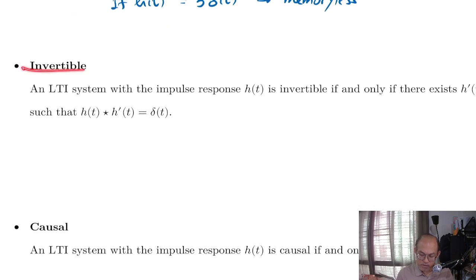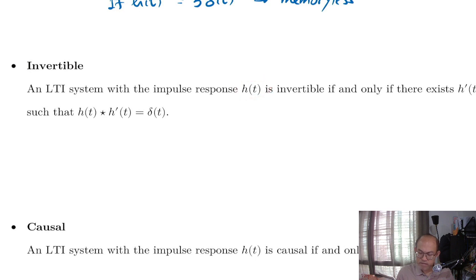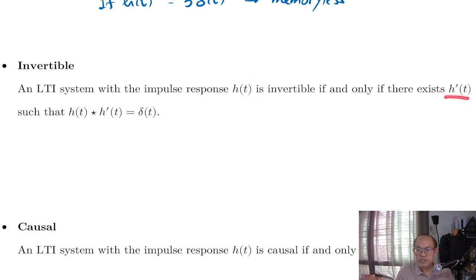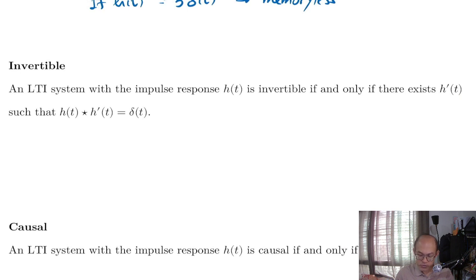Now invertible system. An LTI system with impulse response h of t is invertible if and only if you can find another function such that if we do convolution between h and that function, you get delta back. Now to find that function is not easy.